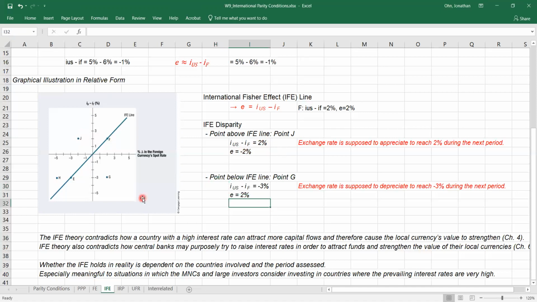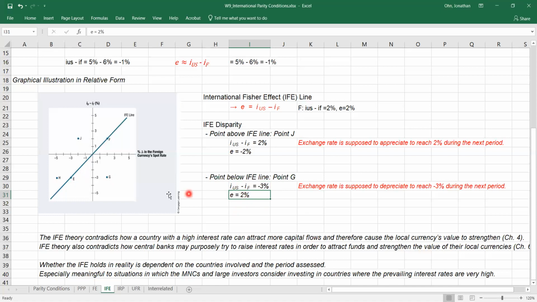Now, if it is below that, G is also way away from the IFE line, right? So this one is supposed to move this way until it hits the international Fisher effect line. Look at this, the relative interest rate is minus 3%, and E is 2%, way above.